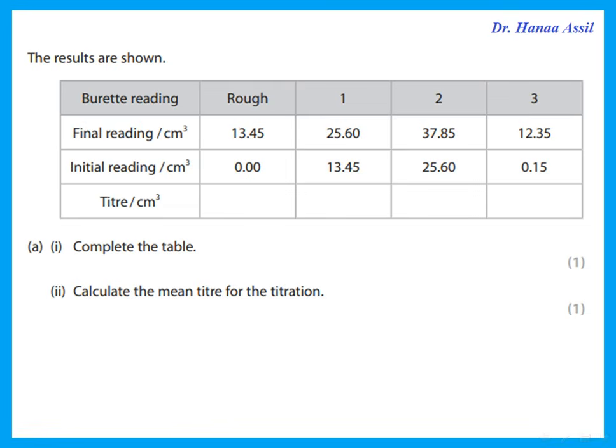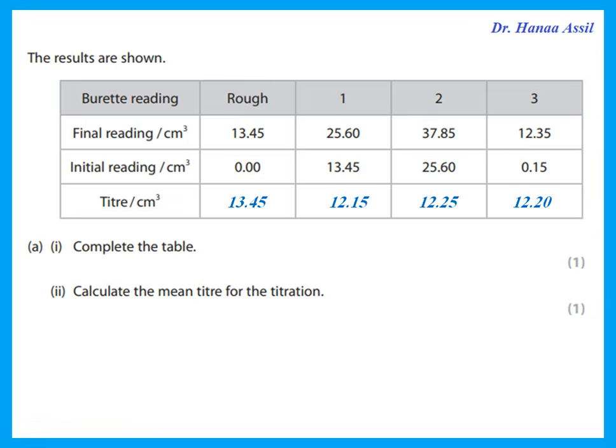So he did titrations, and these are the results, and he says complete the table. Of course, if I have final reading and initial reading, all I'm doing is final minus initial. So I subtracted each of these, 13.45 minus 0, 25.6 minus 13.45, and so on, to get the titer in each titration.